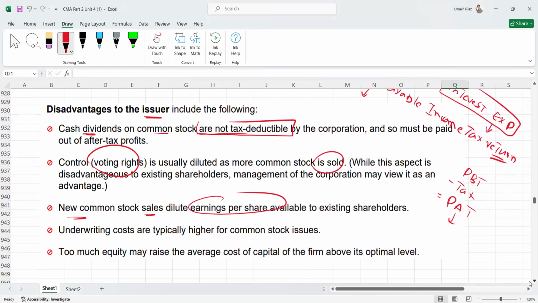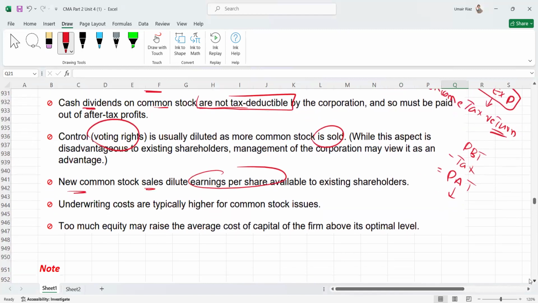Understood? The other disadvantage is that there are certain underwriting costs. Usually underwriting costs are higher for common stock, and less for, maybe, bonds and preferred stock. What are underwriting costs? Usually when we sell our stocks, we sell through a bank.